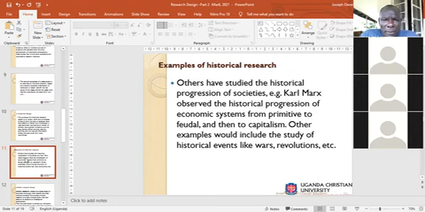Now, an example for historical design, for example, Karl Marx. Sooner or later, the new generation will forget about Karl Marx. Karl Marx was a very good economist and a social scientist. He studied the history of economic growth and economic systems, and he traced it from the primitive up to the feudal and up to capitalism.